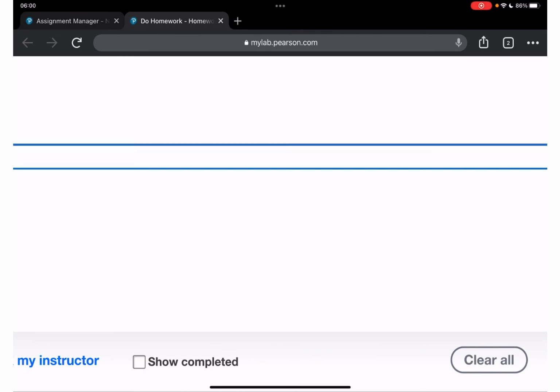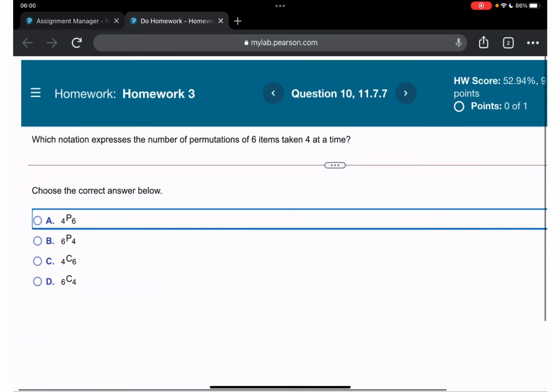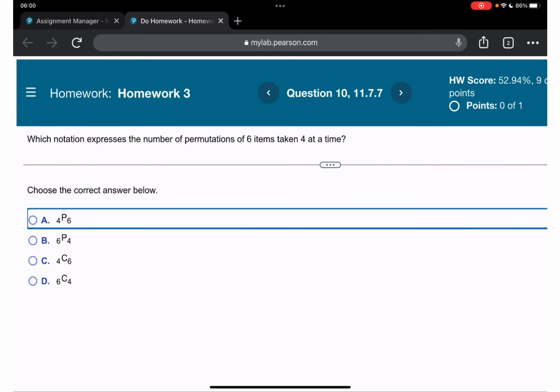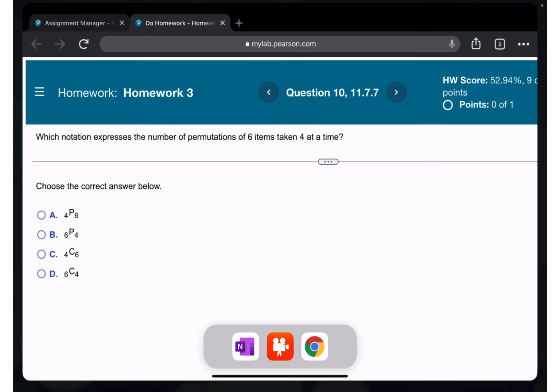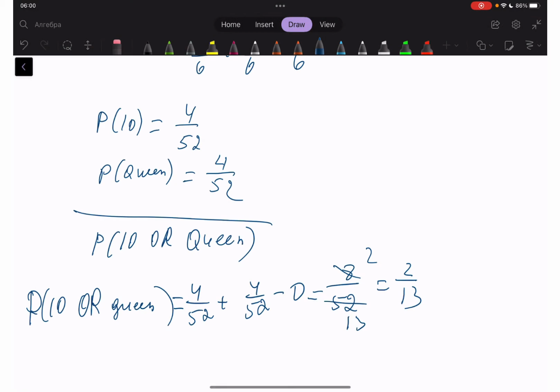So, which notation expresses the number of permutations of 6 items taken 4 at a time? Okay. 6 taken 4 at a time.